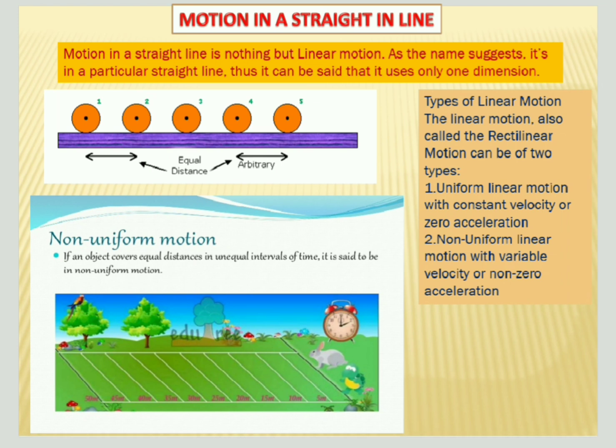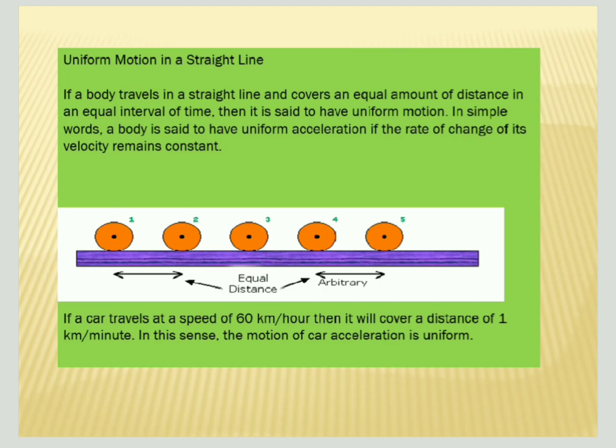Now here, in more description with an example, if a body travels in a straight line and covers an equal amount of distance in an equal interval of time, then it is said to have uniform motion. In simple words, a body is said to have uniform acceleration if the rate of change of its velocity remains constant, means same. Velocity we have already studied.